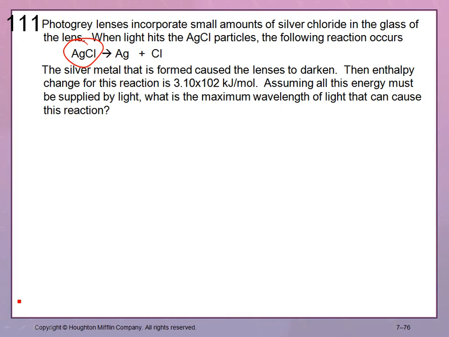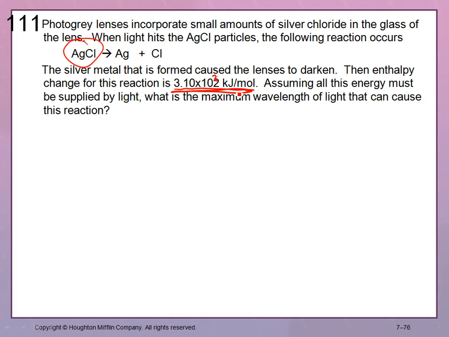Now, it says here, this is 3.10 times 10 to the 2 kilojoules per mole is how much energy it takes to do that. Now, assuming all of that energy is supplied by light, what's the maximum wavelength of light that can cause this reaction? Well, this is the amount of energy for a mole of the silver to be reacted.